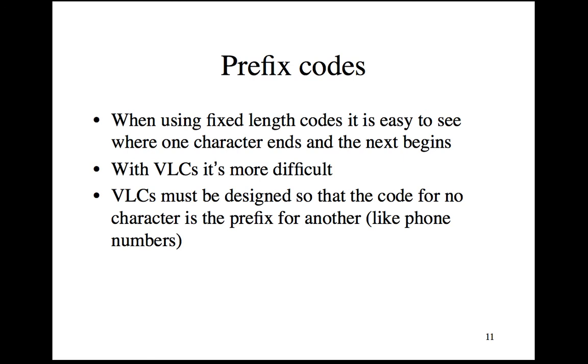So just a 0 on its own, that's E. Well, now you've already ruled out half of the possible bit sequences from here to infinity. Now, okay, you still have infinity, but you know, it's half infinity. It means then that some sequences are going to be much, much longer. So although you're robbing Peter to pay Paul, overall you save, because the frequently occurring ones use a lot less. Okay?